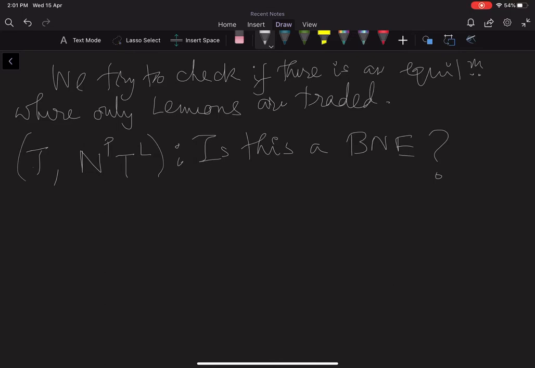The buyer is in equilibrium, and is aware of the equilibrium strategy of the seller.